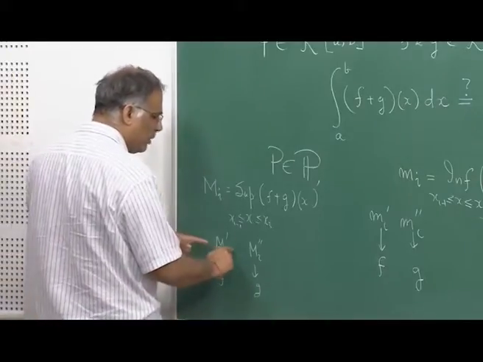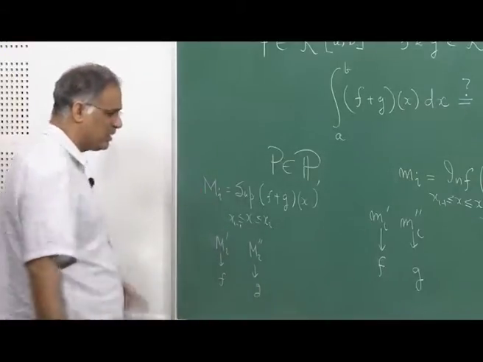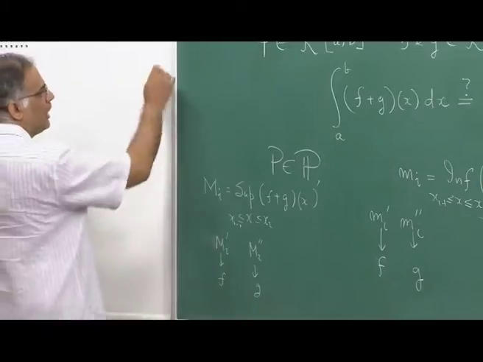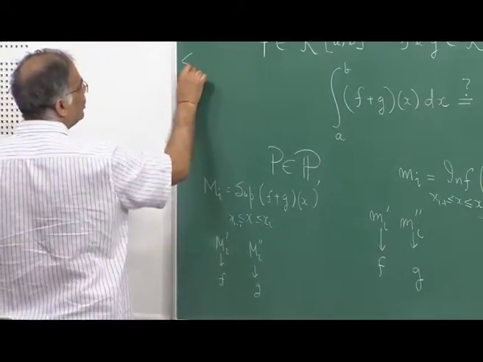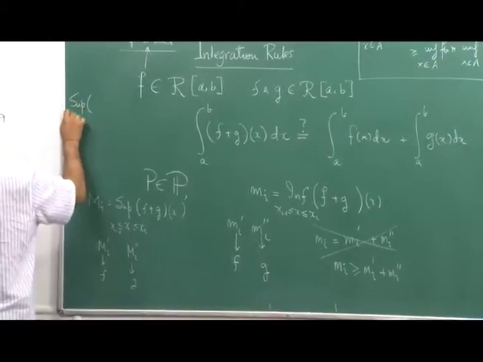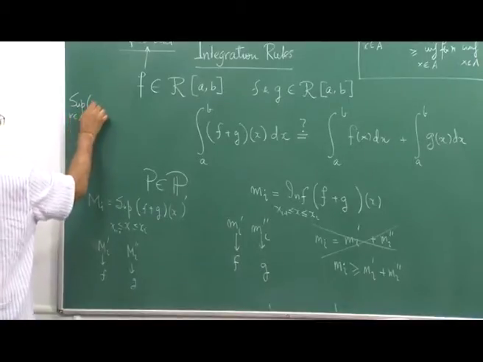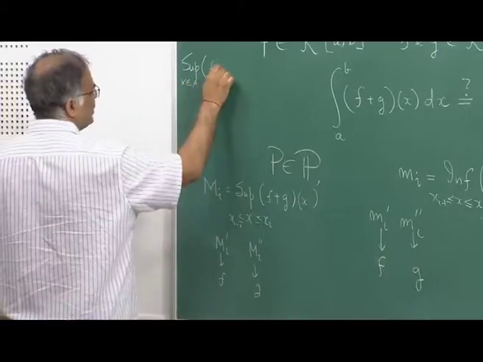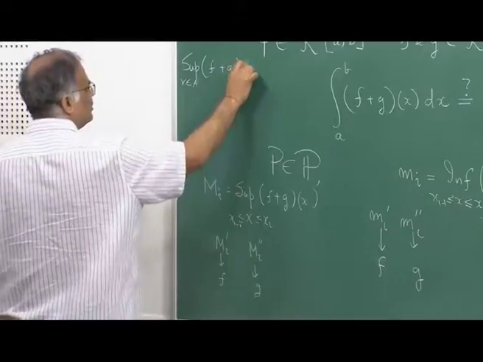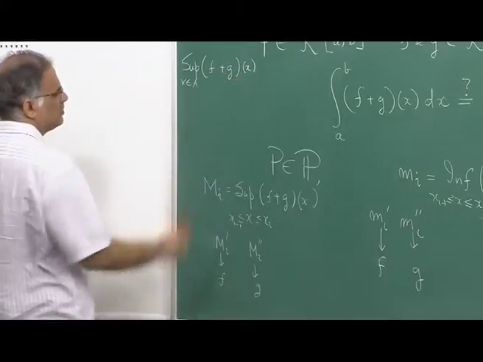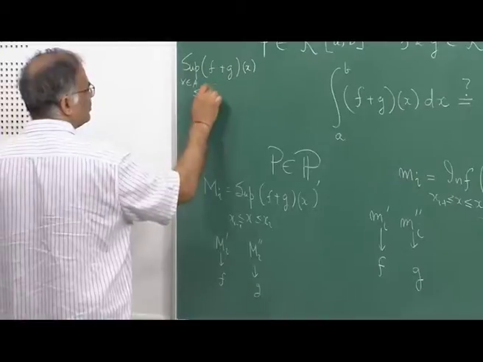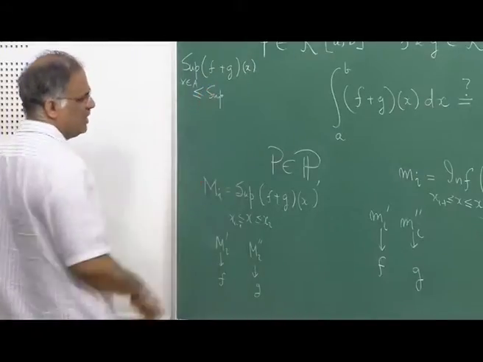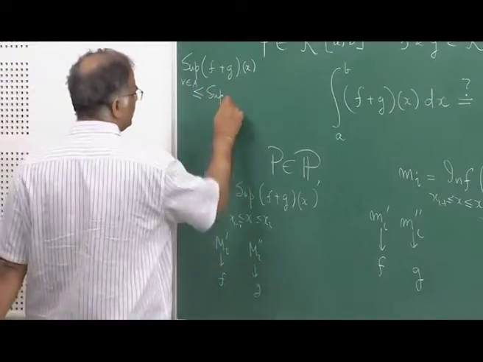Do not say that the sum of these two is equal to this; that is grossly incorrect again. So, again go back home and try to prove this simple formula, where A is a subset of R: the sup of f plus g is less than or equal to sup of f plus sup of g.